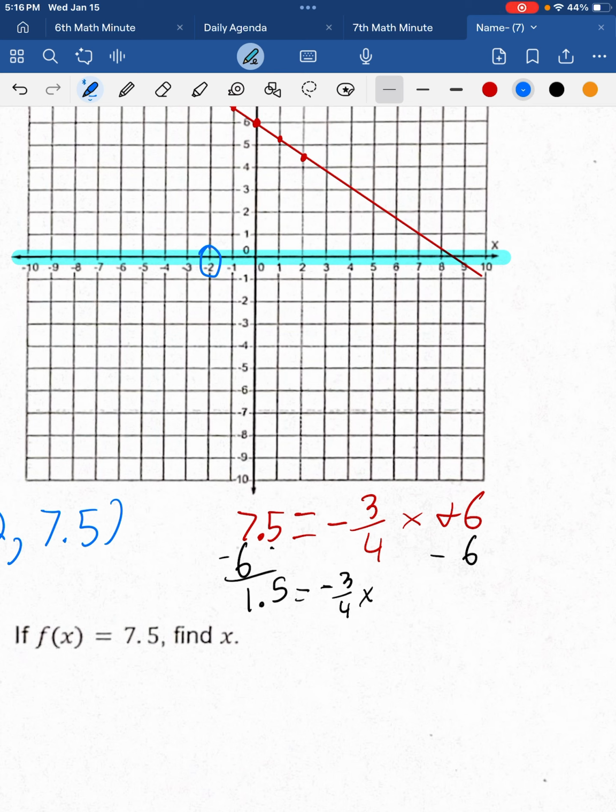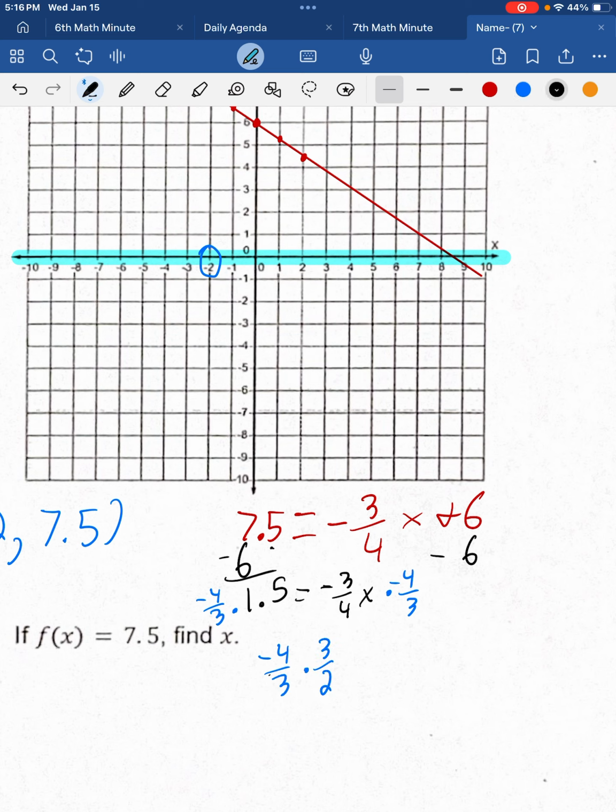I'm also going to turn my 1.5 into a fraction, seeing how I have -3/4, and that's a fraction, and I just want to keep everything in the same form. So I'm going to multiply by -4/3. And we end up with -4/3 times 3/2.